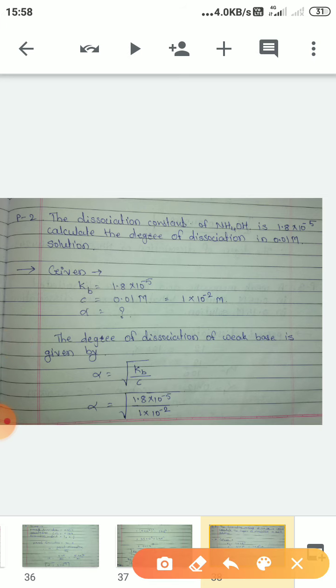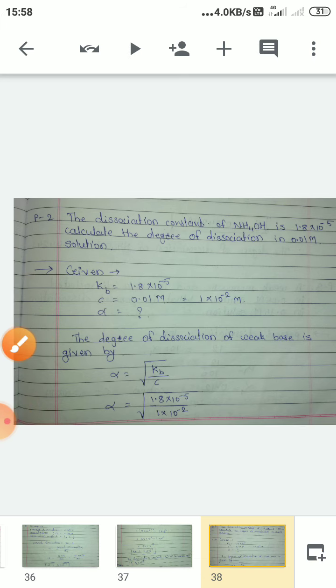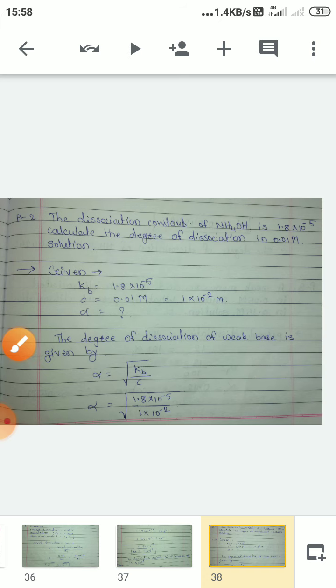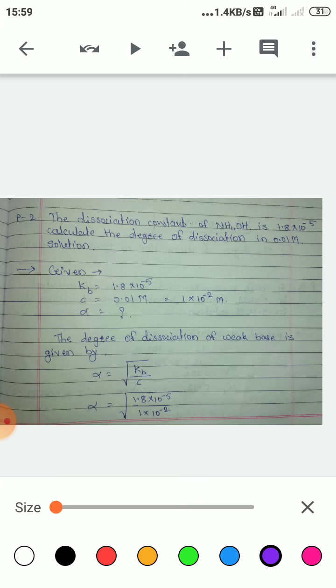That means we have been given the concentration. Now write down what we have given here.